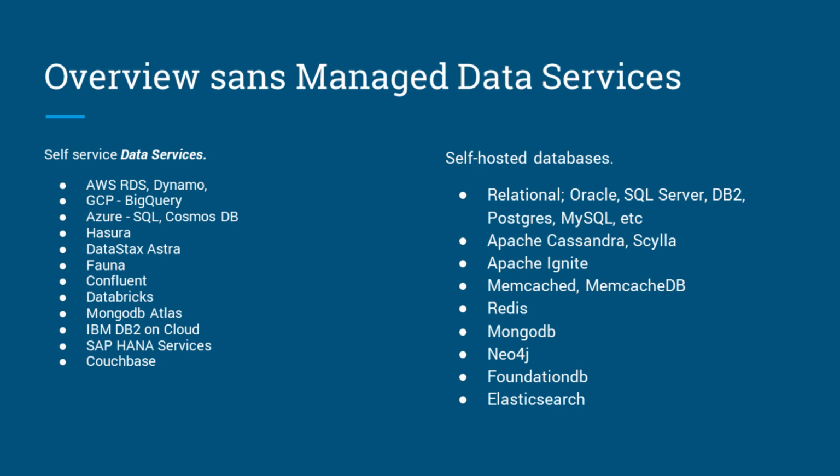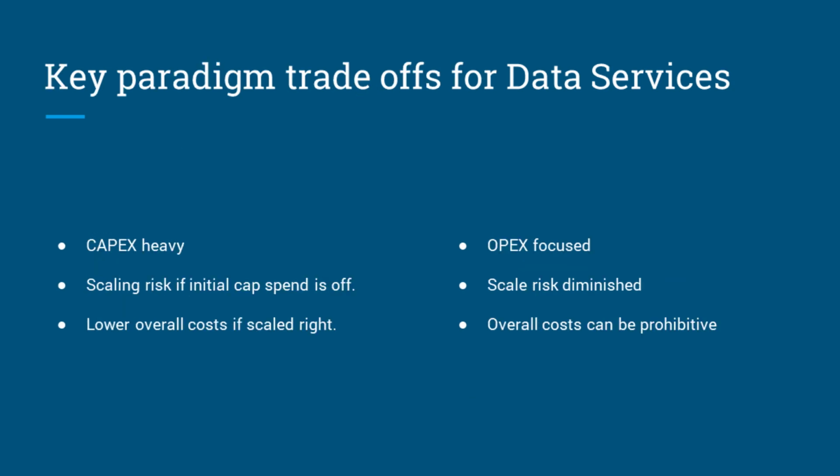There's MemcacheDB, Redis, Mongo, Neo4j. Depending on the type of data and whatever it is that you need, they can be self-hosted, and then sometimes they are self-service options. In this, with every single one of those, we have a key paradigm of things either being capital heavy or operationally heavy in cost.